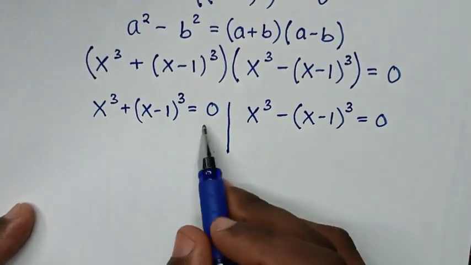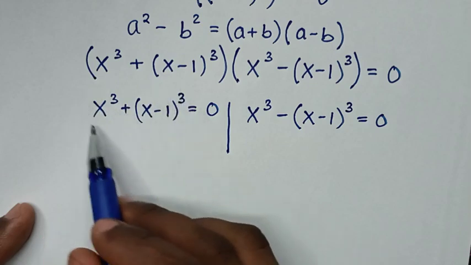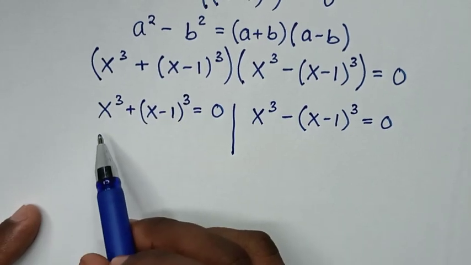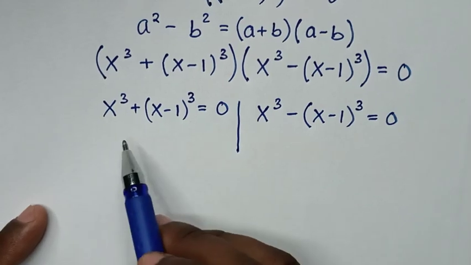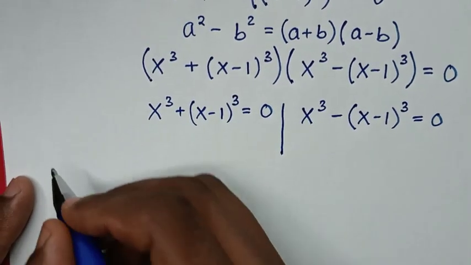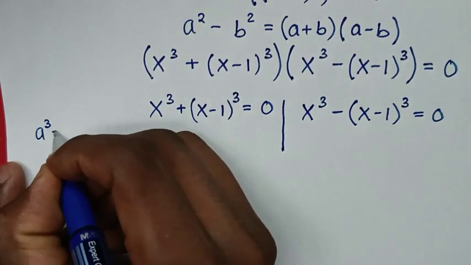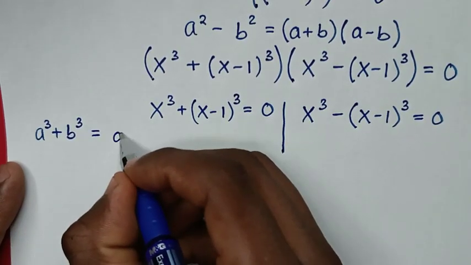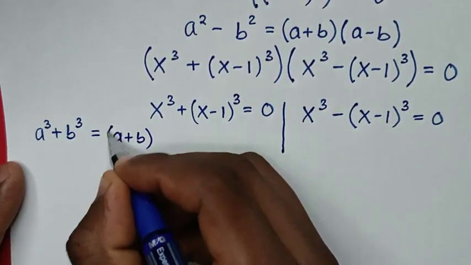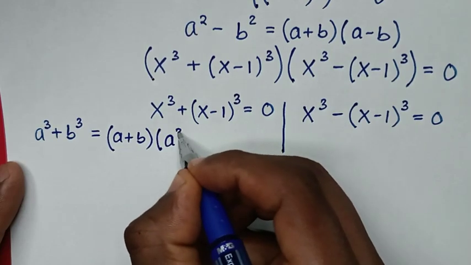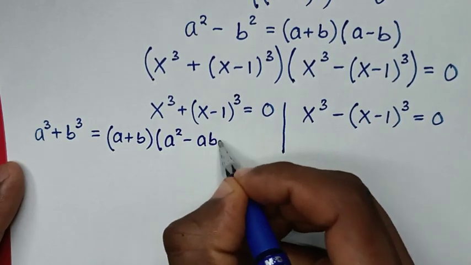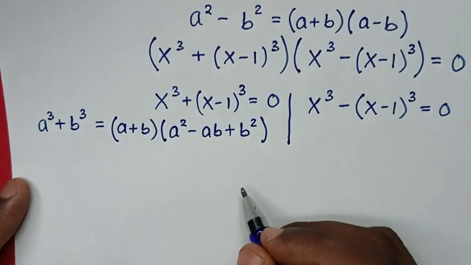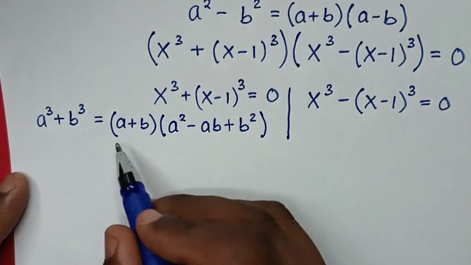Then from this first solution, on the left side, this part is in the form of a perfect cube. So we'll apply the perfect cube rule in this form, a^3 + b^3 = (a + b)(a^2 - ab + b^2). Then we'll apply this form of a plus b.